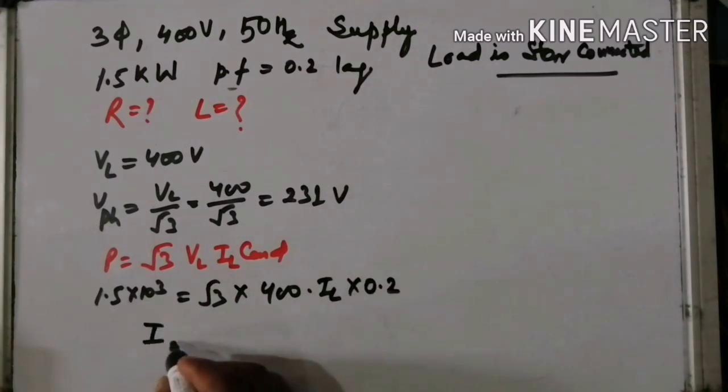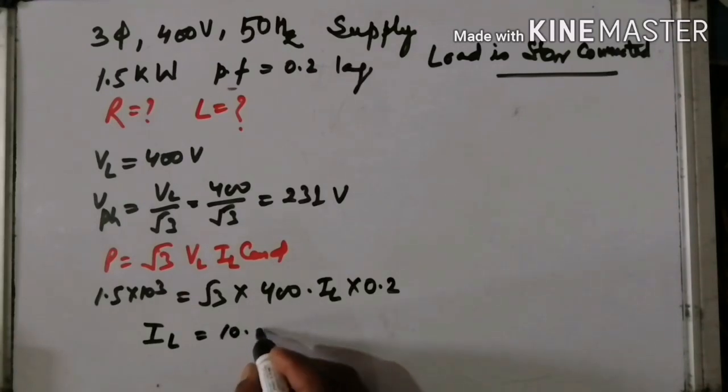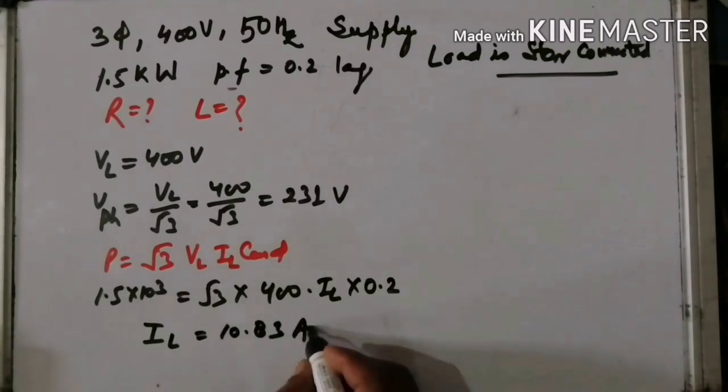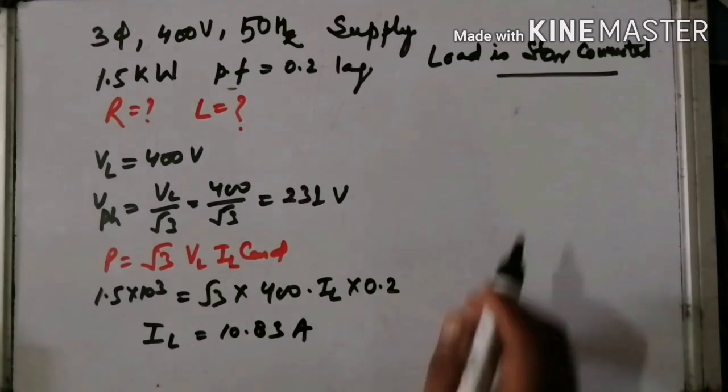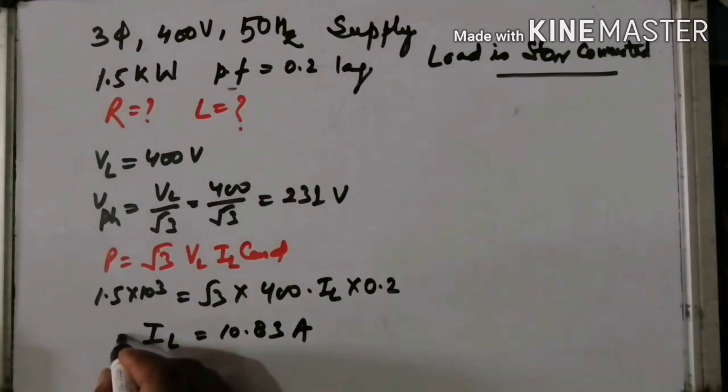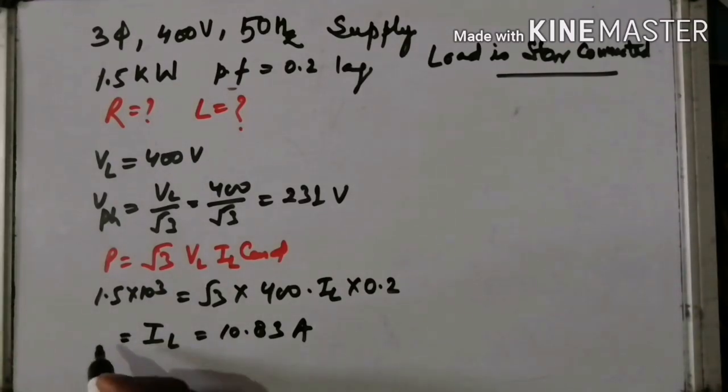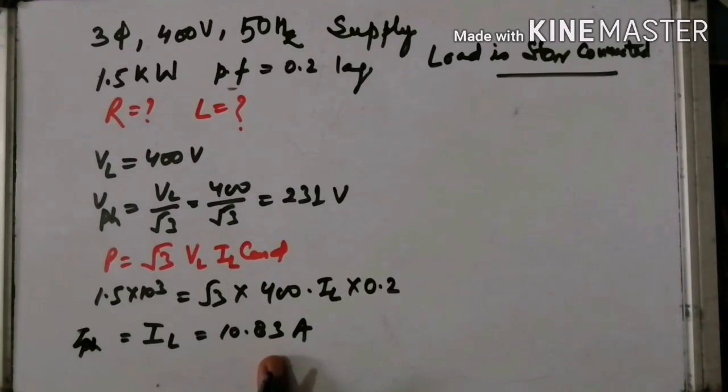With the help of this equation, we can calculate IL, that is the line current. It is 10.83 ampere. And in the case of the star, line current is equal to the phase current.